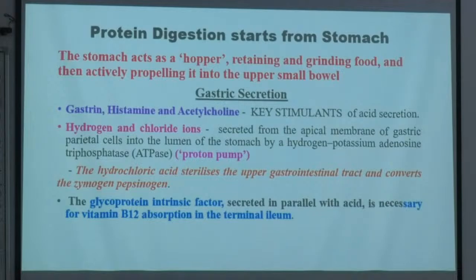Chloride is actively transported, and then the hydrogen-potassium pump, that is called the proton pump, adds hydrogen ion, and it forms hydrochloric acid. The hydrogen ion which is lost from that side is replenished by carbonic anhydrase. Carbon dioxide plus water forms carbonic acid, it breaks down into hydrogen ion and bicarbonate, and bicarbonate then enters into the bloodstream because chloride has been pumped into the system.